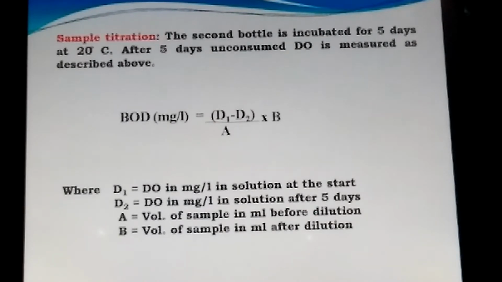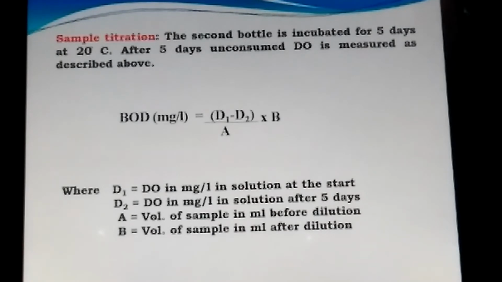The burette reading obtained in both types of titration is used to calculate the dissolved oxygen content, D1 and D2 respectively, and then BOD is calculated using an equation: D1 minus D2 divided by A and B, where D1 is the dissolved oxygen content in milligram per liter obtained in the blank titration, and D2 is the dissolved oxygen content in milligram per liter obtained in the sample titration, which was kept for 5 days at 20 degrees centigrade.